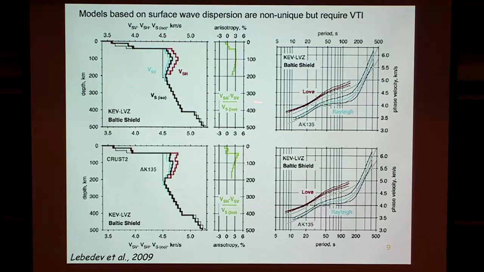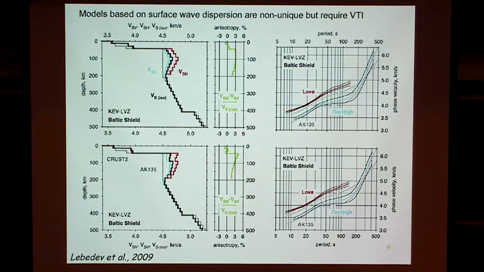This slide is made to show that models are non-unique, but what it shows is 2 possible models of velocity versus depth for a particular path in the Baltic Shield between 2 stations located in the Baltic Shield. The data are marked by the black lines here, which express the uncertainty in the data.